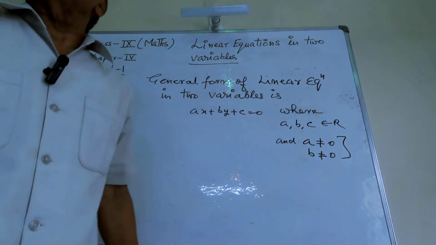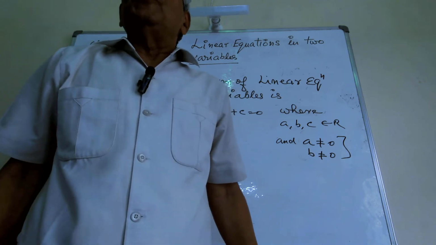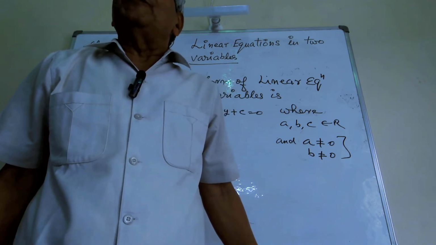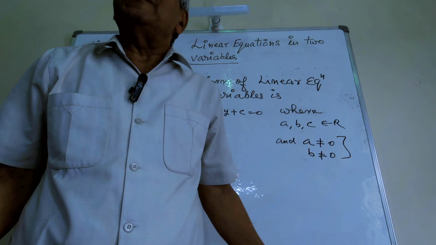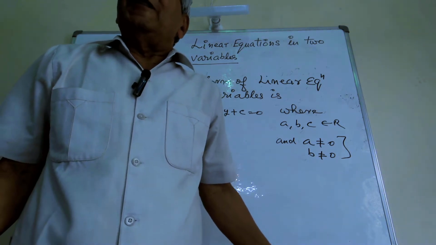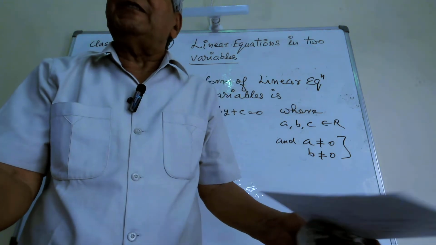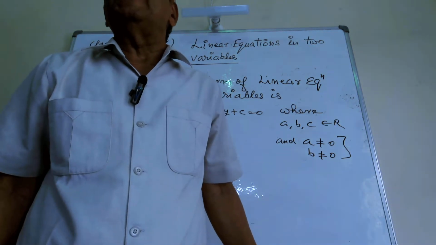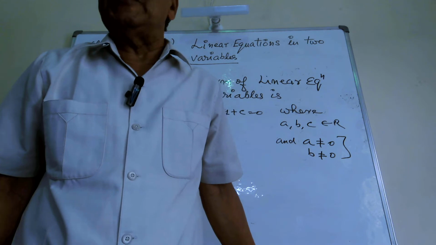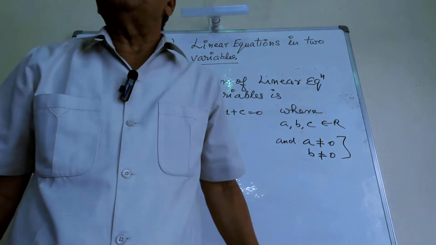As you know, a linear equation in one variable has one solution, and a linear equation in two variables does not mean that it has two solutions. It has many solutions or infinite solutions.